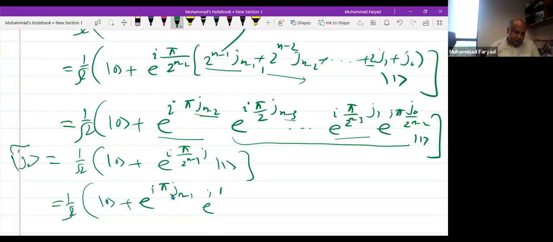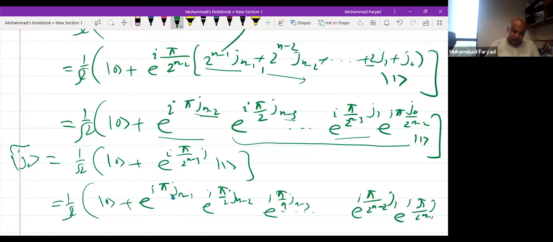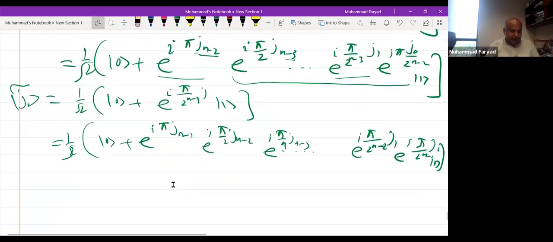The next term is exponential iota pi by 2 jn minus 2, iota pi by 4 jn minus 3, and all the way to exponential iota pi over 2 power n minus 2 j1, exponential iota pi over 2 power n minus 1 j naught. So we have a Hadamard on jn minus 1, and then there are all these controlled phase gates.